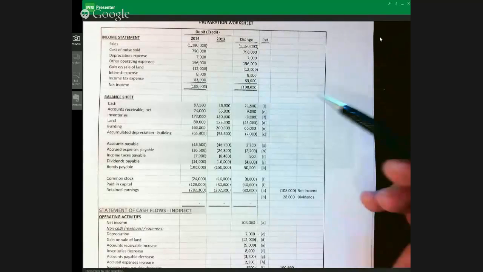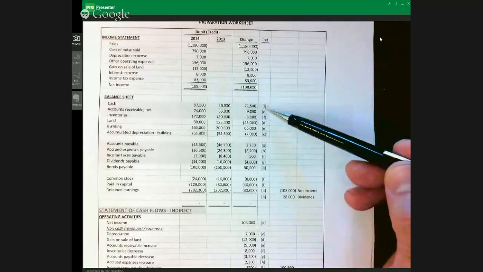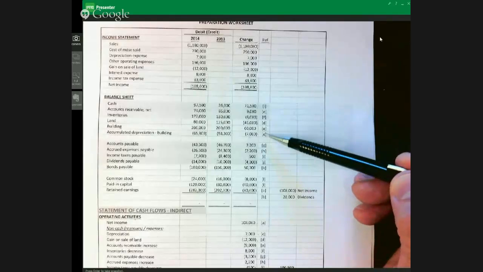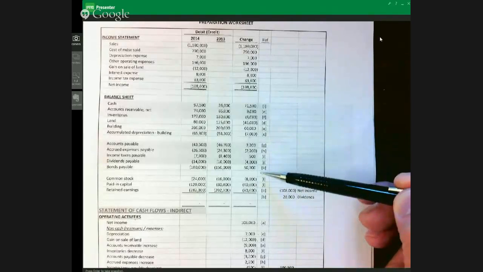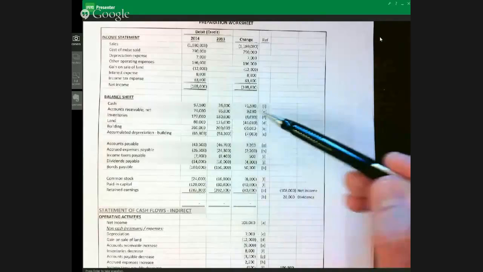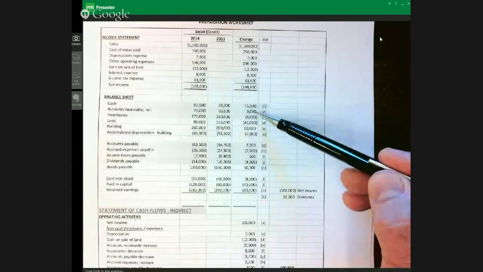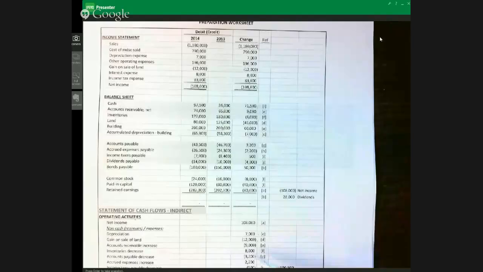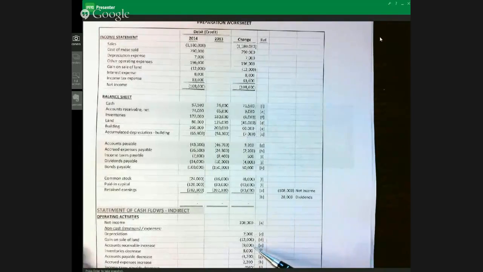From here, what we can do is just very methodically go through the accounts on the balance sheet one by one, and if there is a debit that's needed to show the change from the beginning to the end of the year on the balance sheet, we will have an opposing credit in the statement of cash flow, which operates like a giant T account for cash. Okay, so let's just go ahead and work on these items.